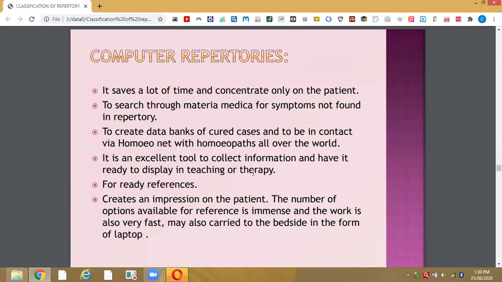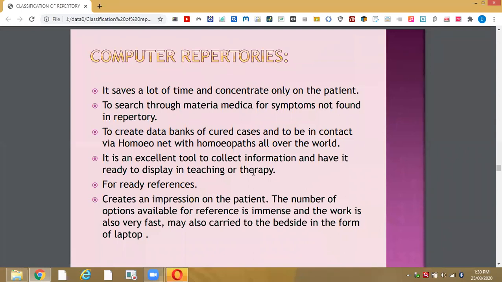The number of options available for reference is immense, and the work is also very fast, and we may also carry it to the bedside in the form of a laptop. So it is more impressive in the OPD than paper. If you have your computer repertory on the table, then definitely it will impress the patient.